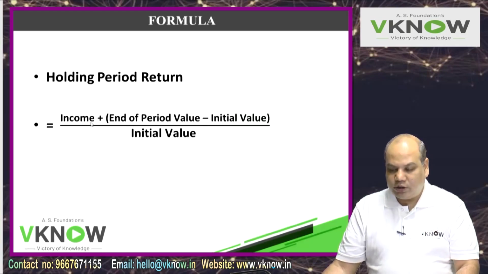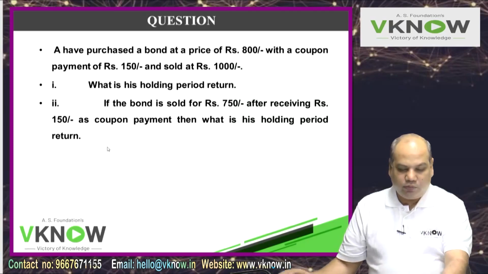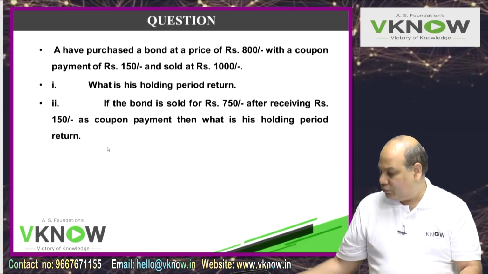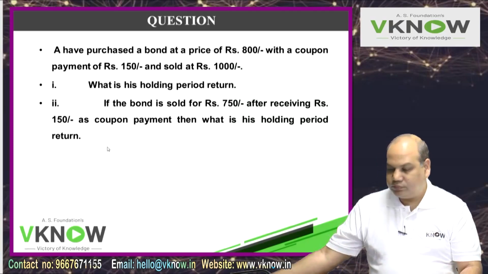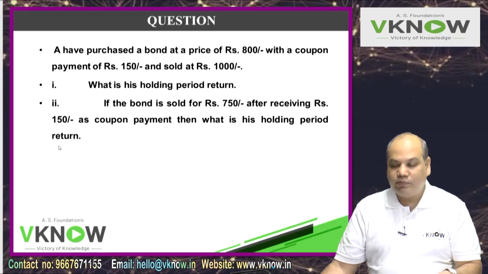So what I did in the previous question, if you remember: 6 rupees coupon plus 108 minus 104, divided by 104. This gives me holding period return. Now your institute in one of the RTPs has asked this question. Question number 19, just printed below. We will solve it there only.